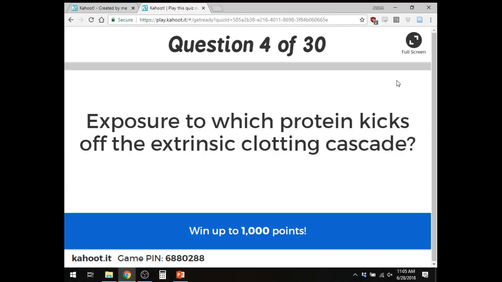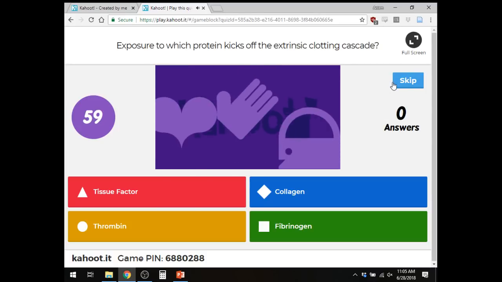Yes, okay, good. All right, exposure to which protein kicks off the extrinsic clotting cascade?